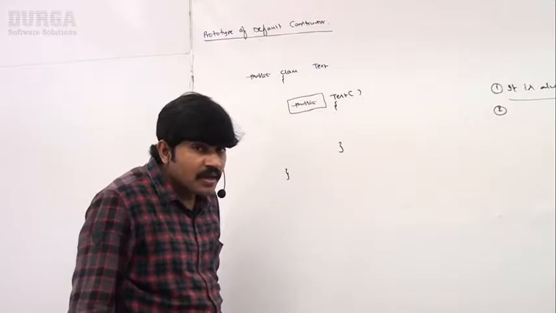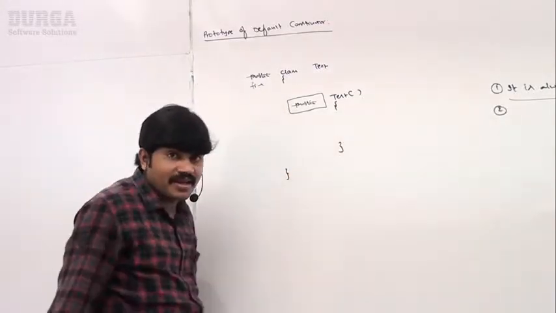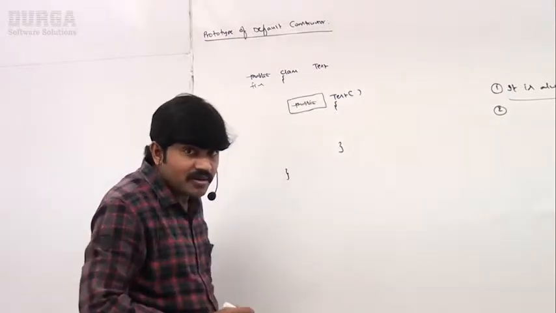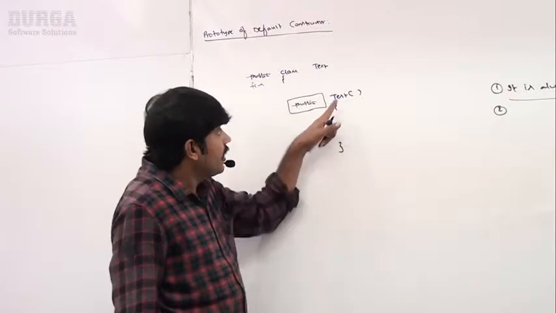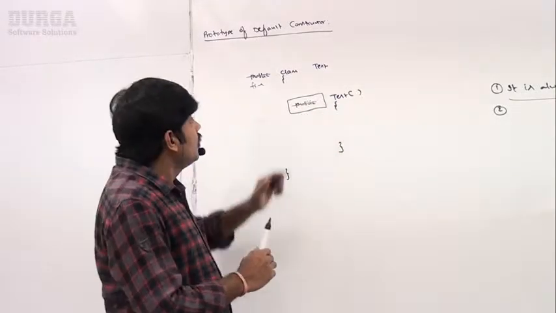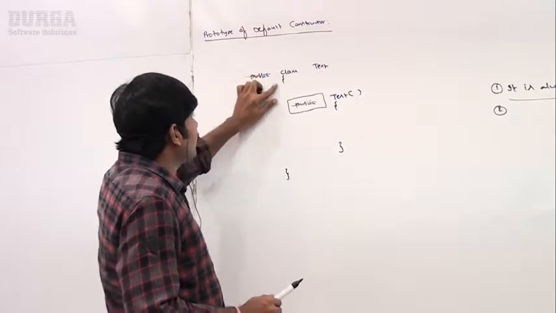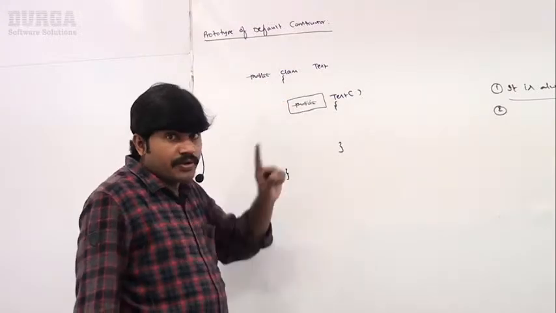Remember this one. Final is not applicable for the constructor. So the access modifier of the default constructor is the same as the class modifier.